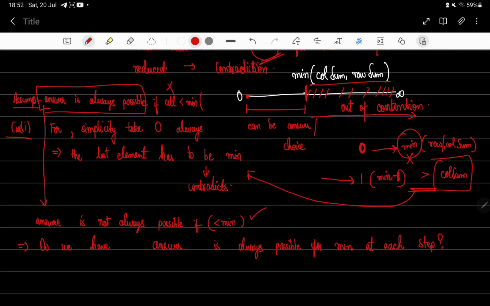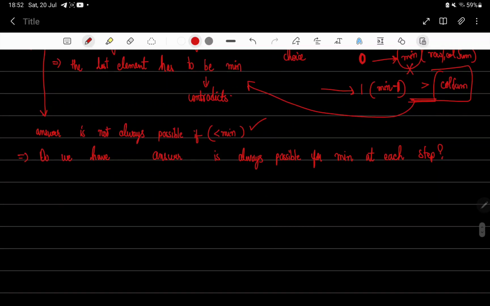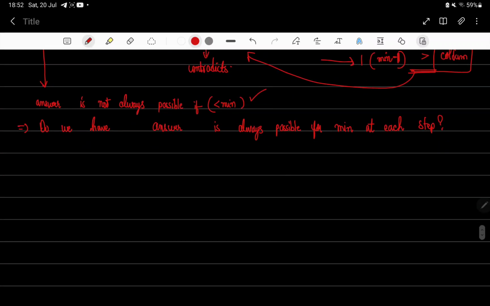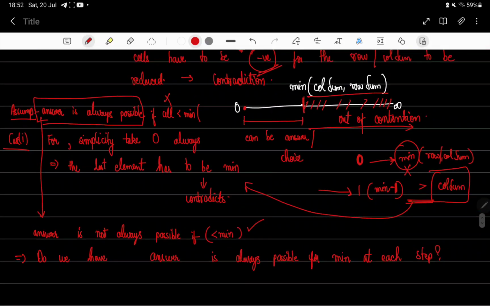So this is contradicted. We cannot always have a solution if we choose only less than the minimum. So can we prove that if we take the minimum, we are guaranteed to have a solution? This is the only proof that we need.